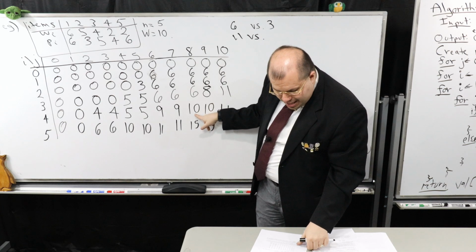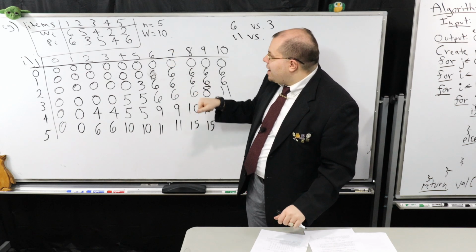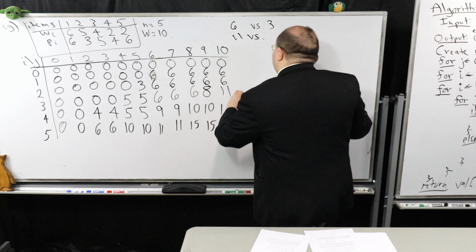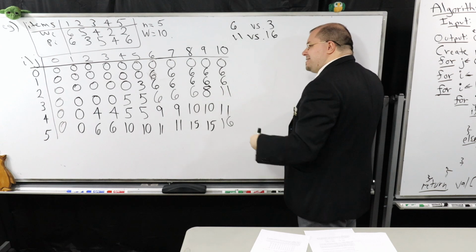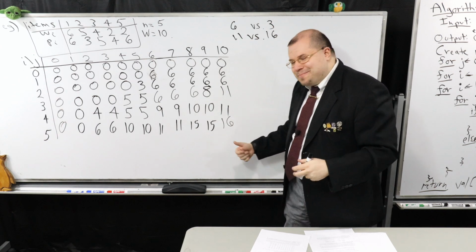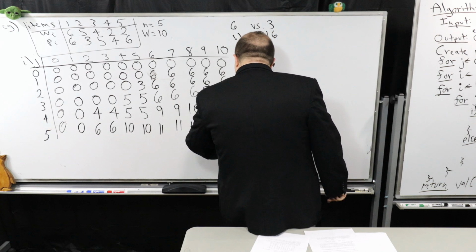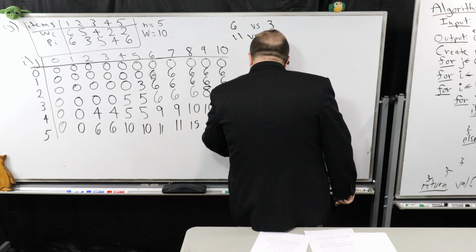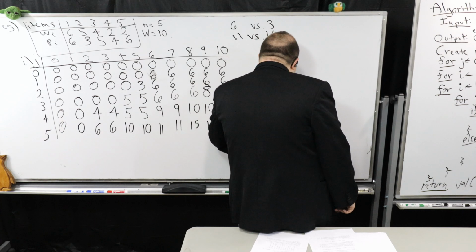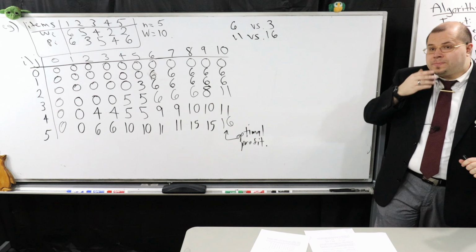So I have 10, plus the profit of my item, which is 6, so I get 16, which is better than 11. So 11 versus 16, I get 16. And now, if I want to know what the optimal profit is, it's 16. 16 is the optimal profit. This is what the algorithm I gave you over here will return.